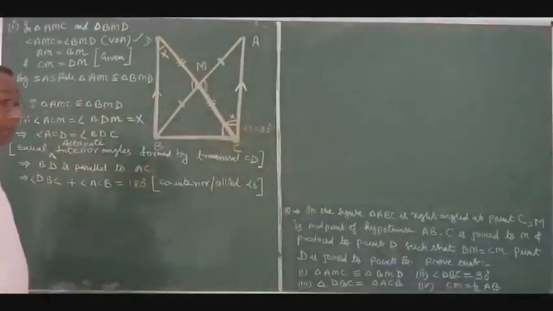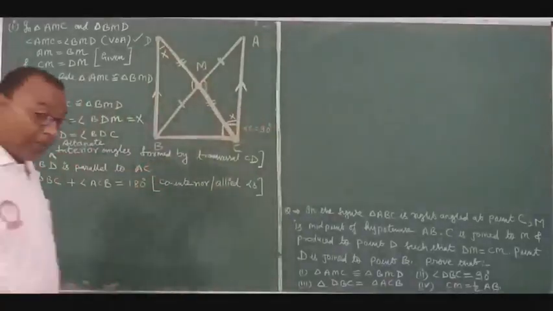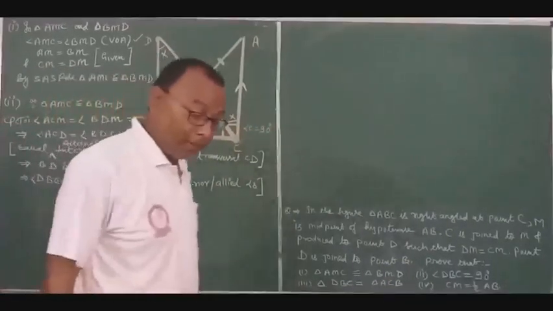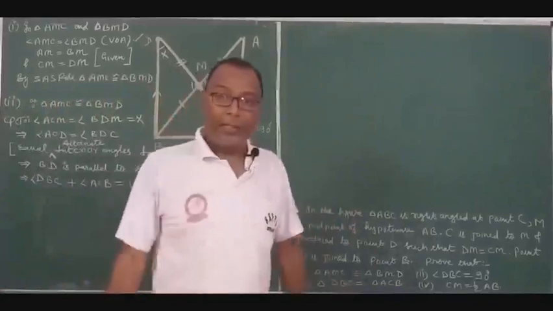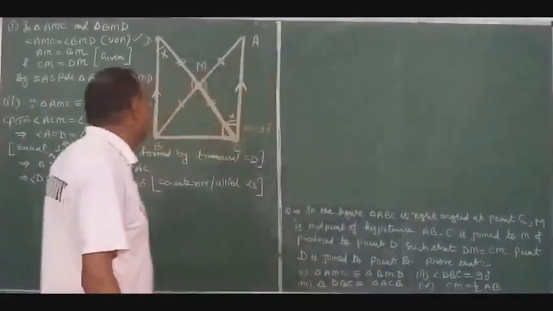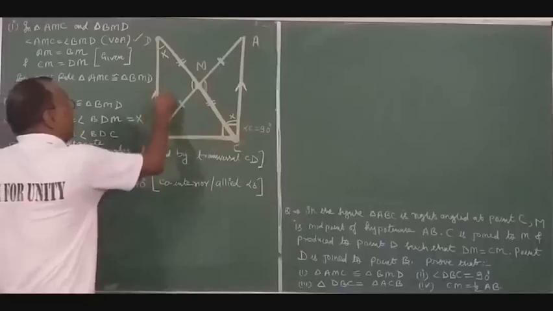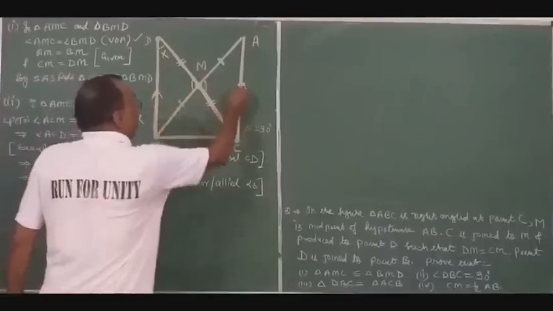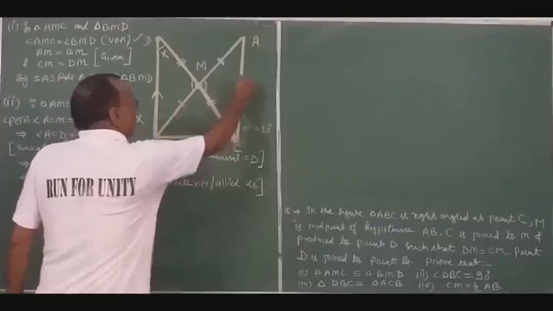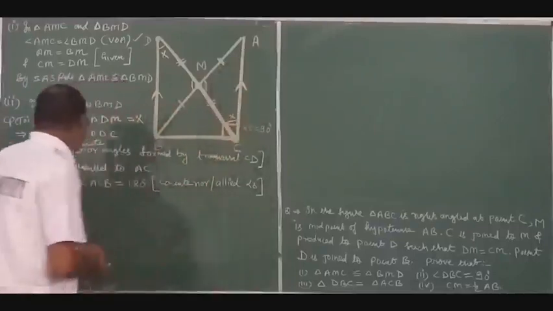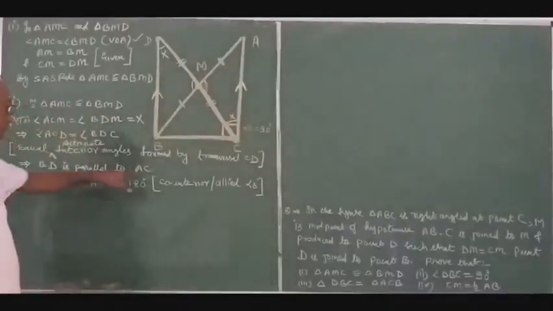What does it mean? When the alternate interior angles are equal, the lines are parallel. It means BD will be parallel to AC. So BD is parallel to AC.